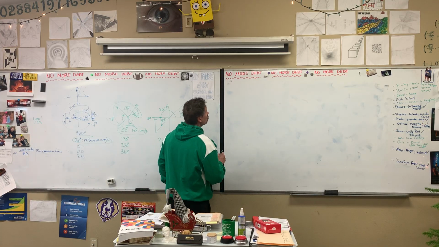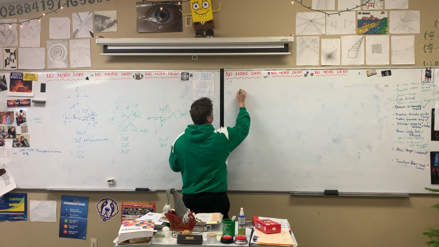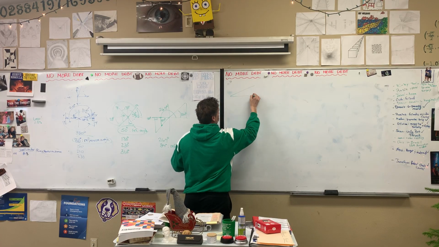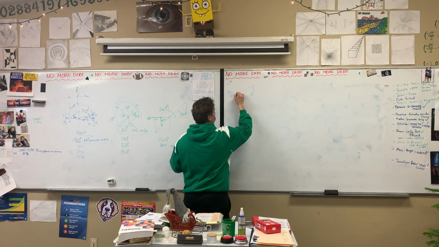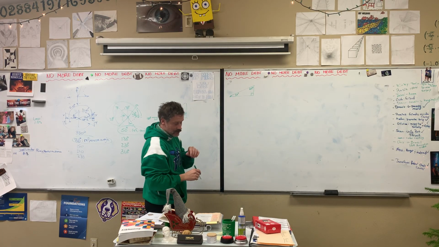So now we're going to transition for a second away from that and talk about the unit circle. We're going to talk about 30, 60, 90 triangles and the relationships thereof, and then talk about 45, 45, 90 triangles. So in a 30, 60, 90 triangle, do you remember the ratios we talked about?